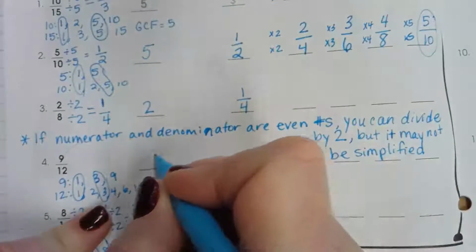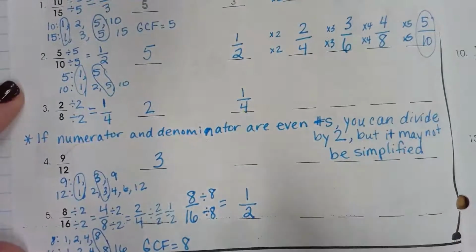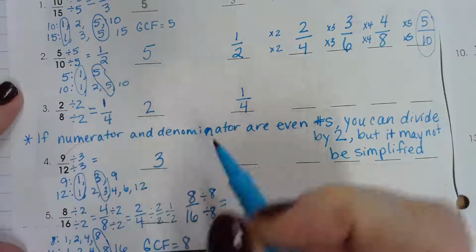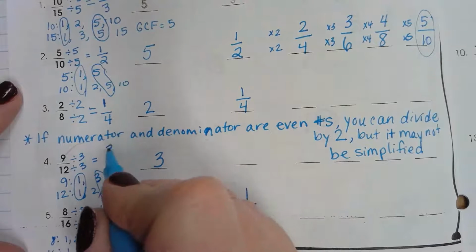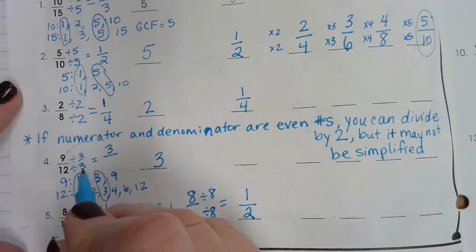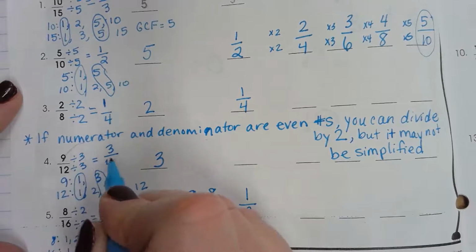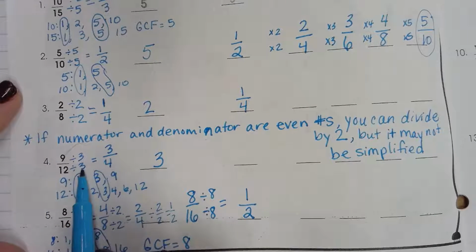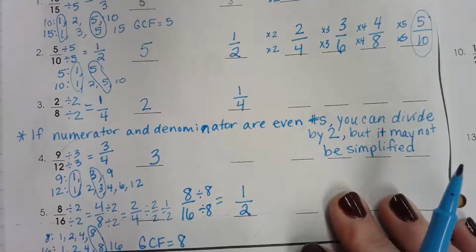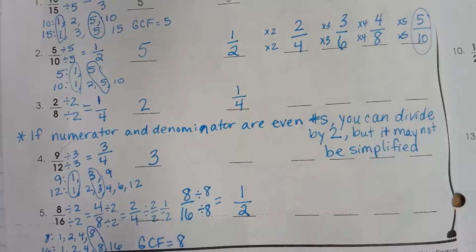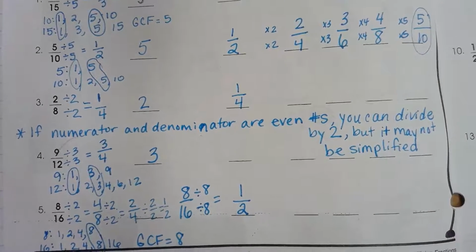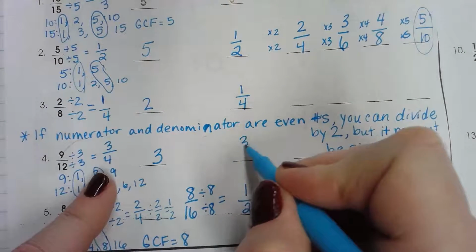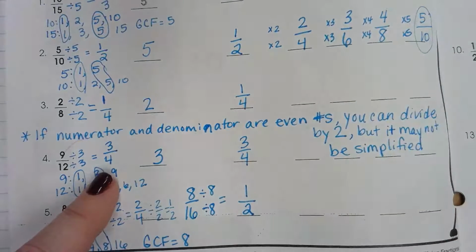Nothing else. So my common divisor I'm going to use is 3. So I'm going to divide by 3 for both. And 9 divided by 3 is 3. 12 divided by 3 is 4. Remember, you can flip it. 3 times 3 is 9. 4 times 3 is 12. It's important we know our multiplication and division facts. Okay. Then my simplest form is 3/4.